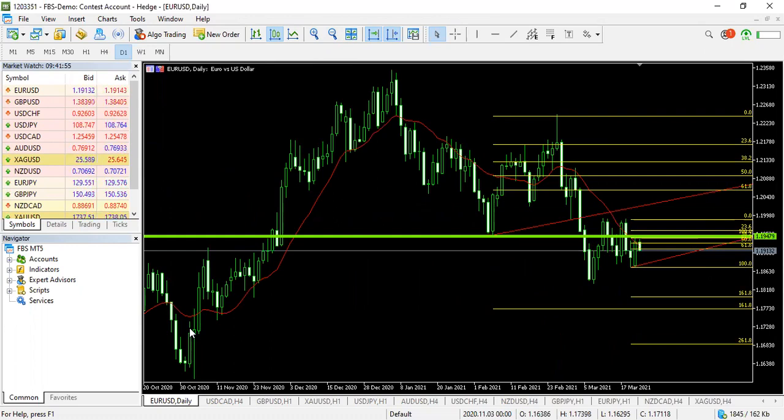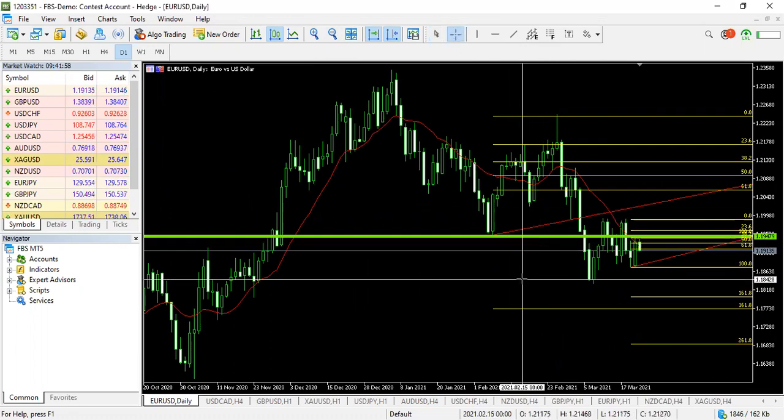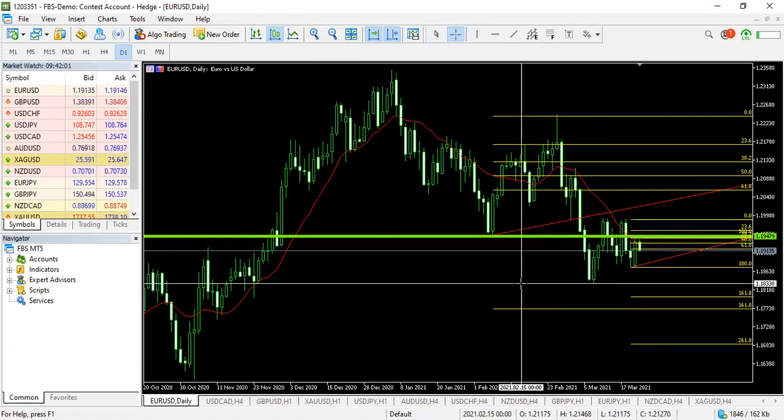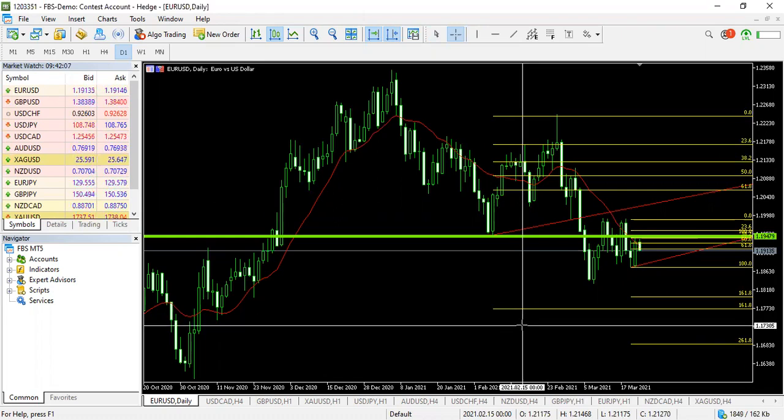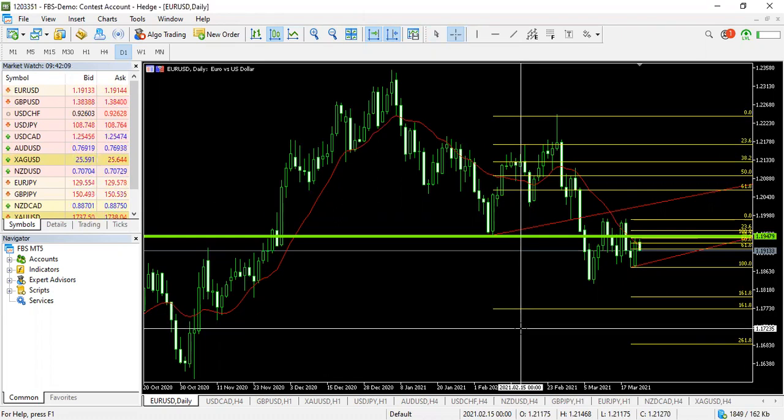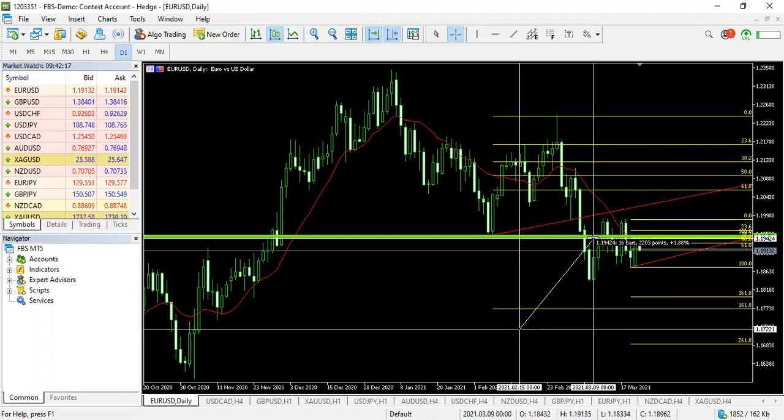For example, we've got key support at 118,300 around the zone here. If we get a break below that, 117,700 would do. And lastly, 117,200 would hold the bullish structure. So the last one would be the one that I would prefer to buy at.